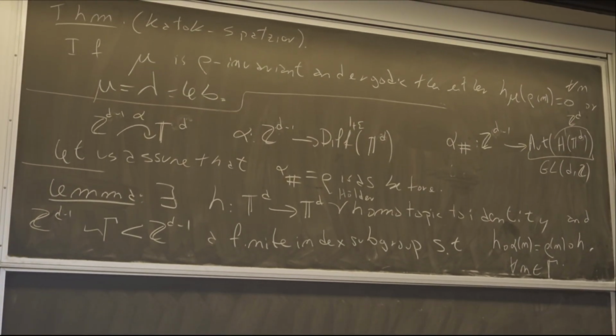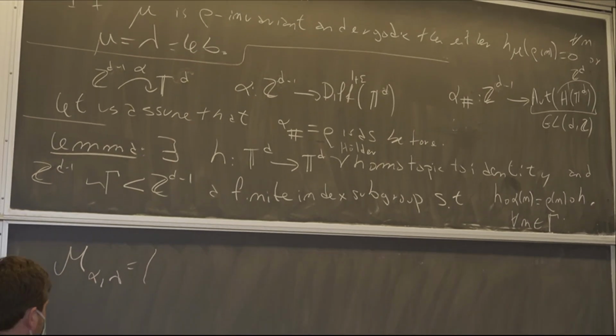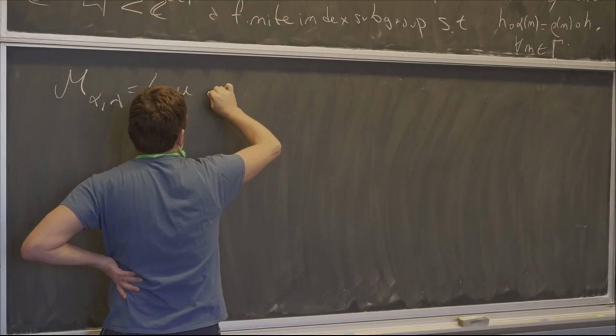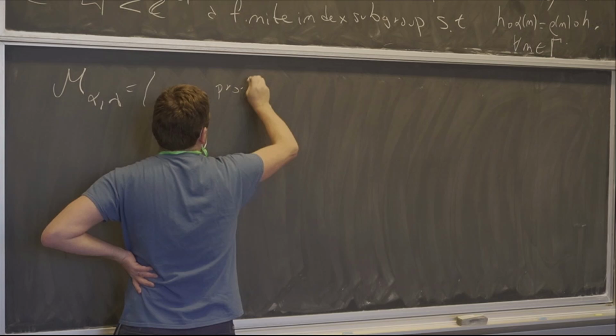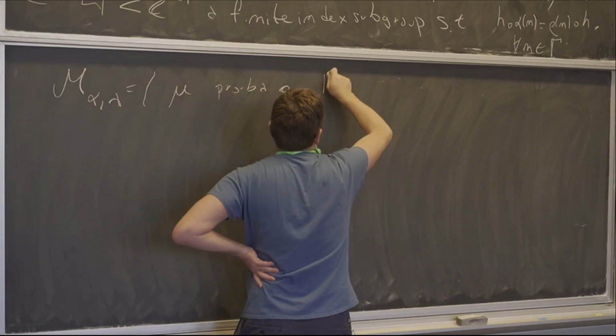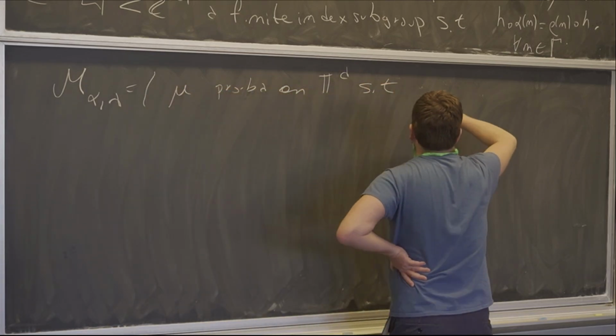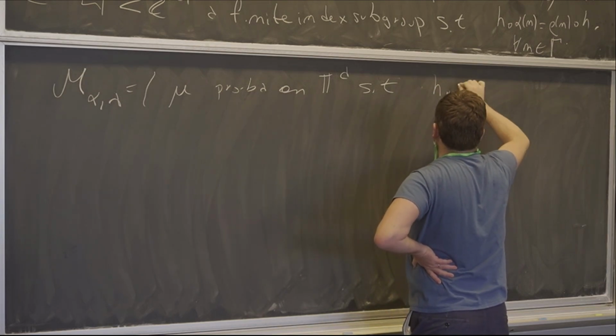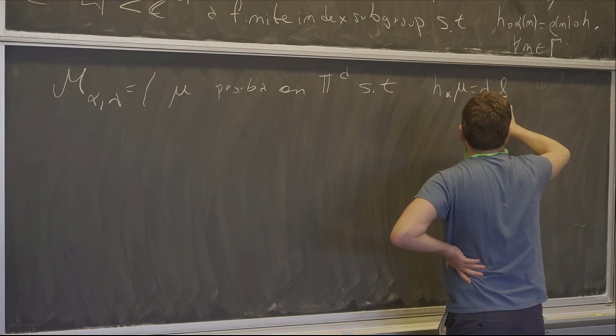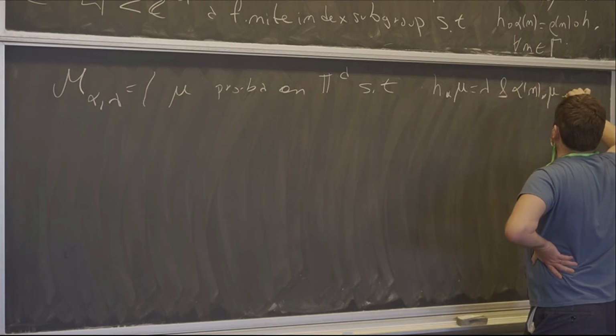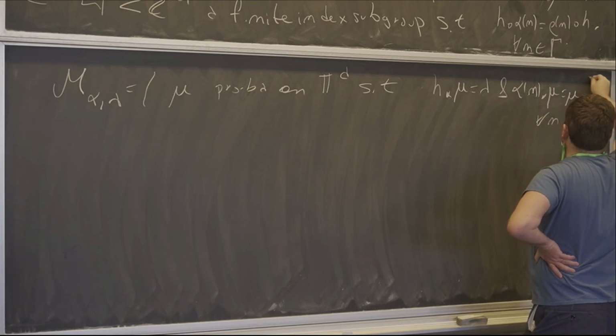Okay, so once we have this lemma, that we are going to see the proof of later, it is an important lemma, even the proof and the picture of it. But we have this set, which I call M alpha lambda, which is all the measures mu, probability measure on TD, such that H star mu equals lambda and alpha n star mu equals mu for every n.